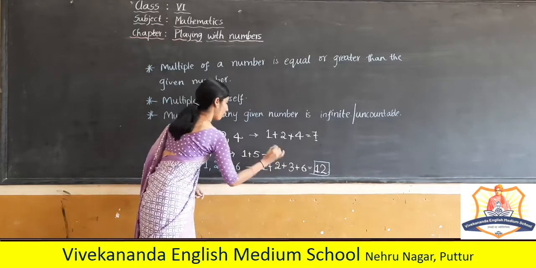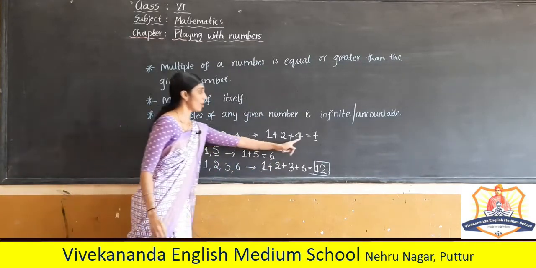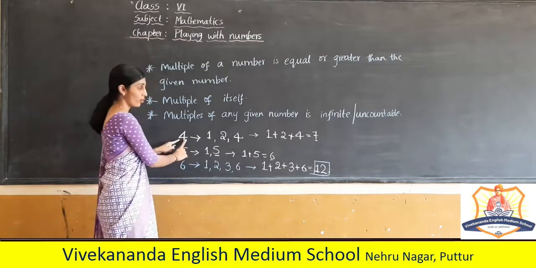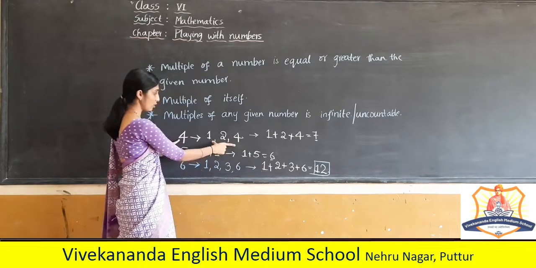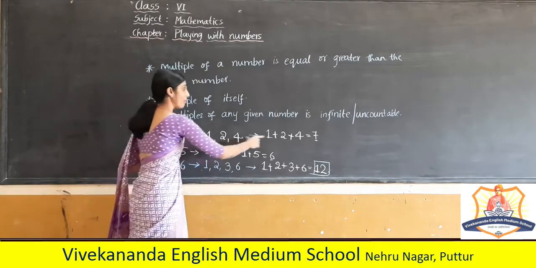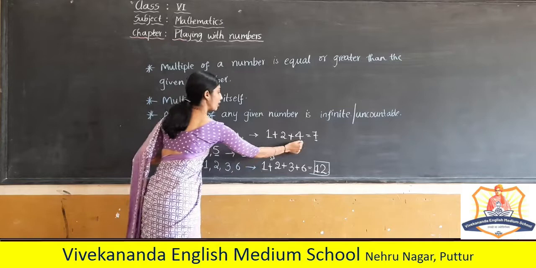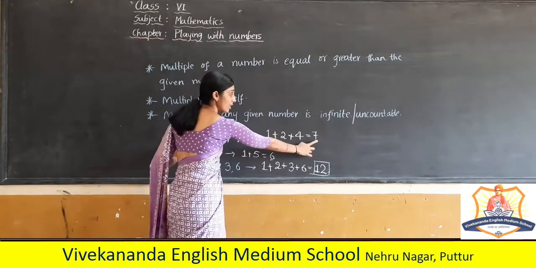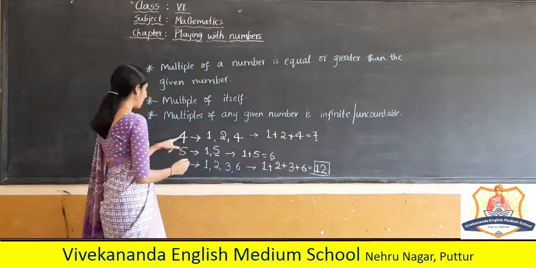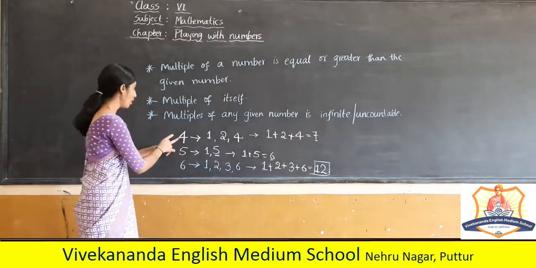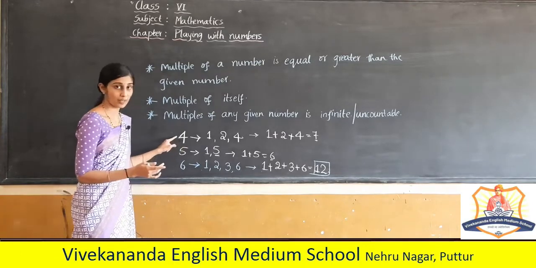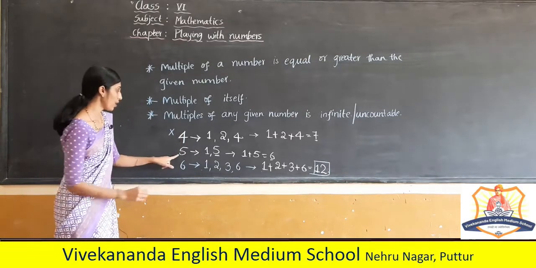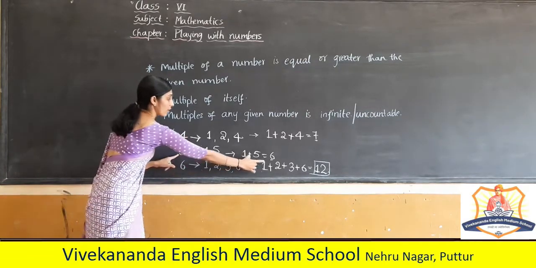If I consider the sum of factors of these numbers, see here 4. All the factors of 4 are these numbers. If I find the sum of all the factors of a given number, the sum is 7 here. Is it twice the given number? No, it is not twice the given number. So I will mark it like this, cross mark. If I consider this 5, what is the sum?